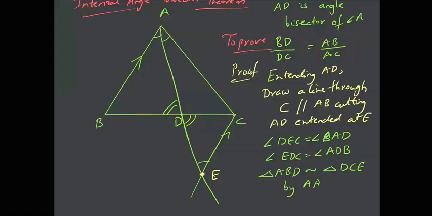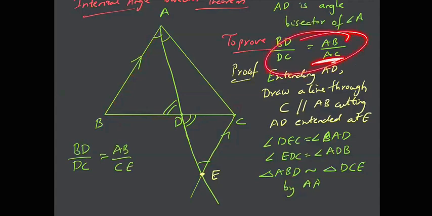So BD over DC: BD is opposite to this angle and DC is also opposite to the angle which is equal to this one. So BD over DC would be equal to AB over CE. But we need to prove that BD over DC is equal to AB over AC.